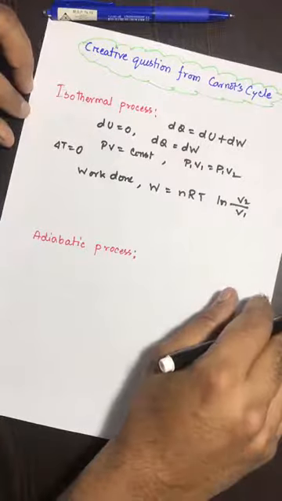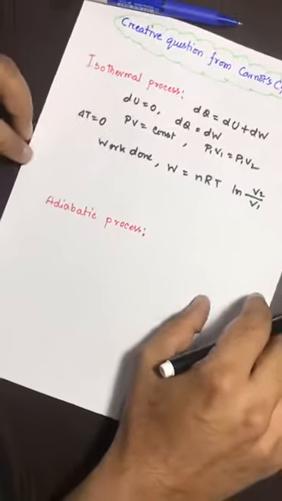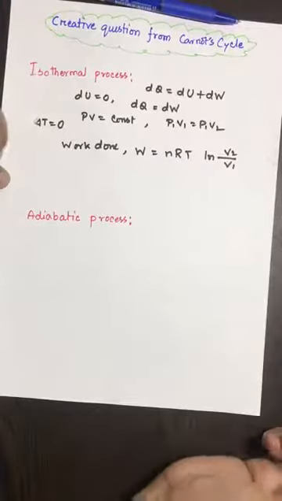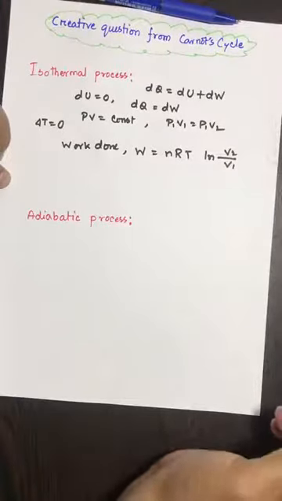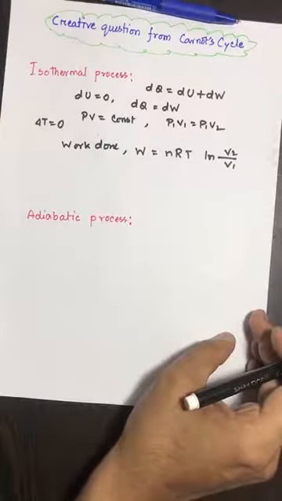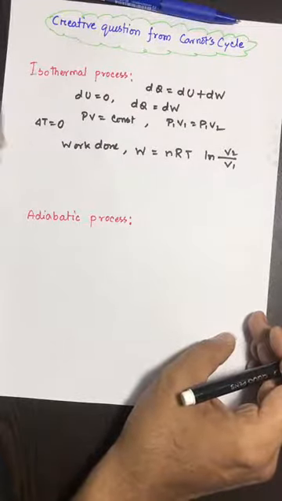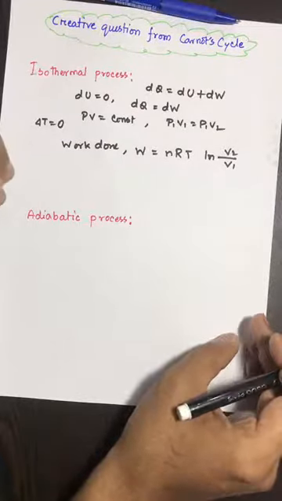Another thing is the adiabatic process. In the adiabatic process, the heat is inside the system and no heat comes out of the system. There is no heat provided from outside. So in an adiabatic process, dQ equals 0.